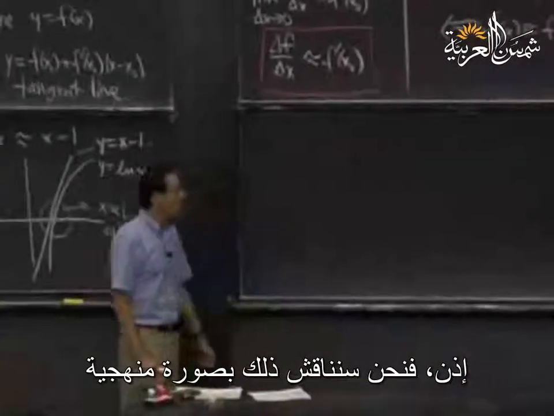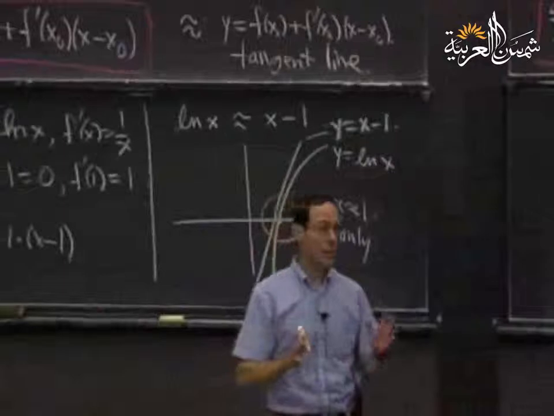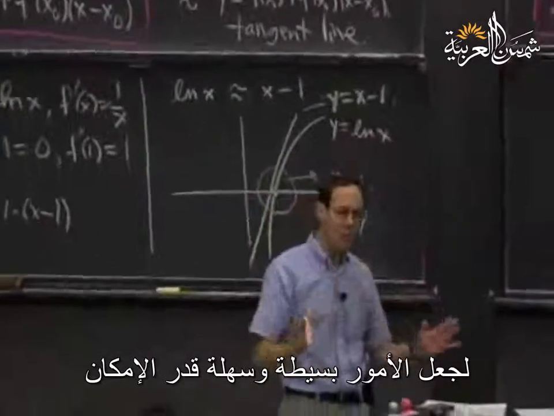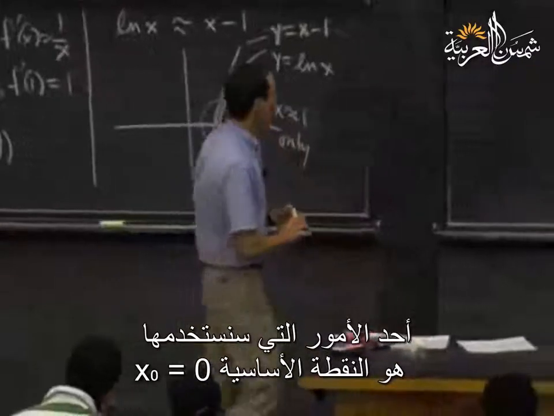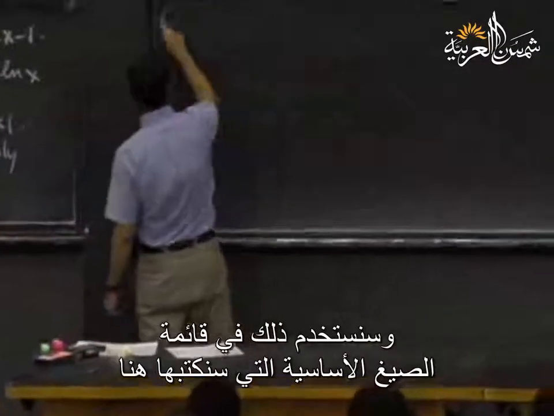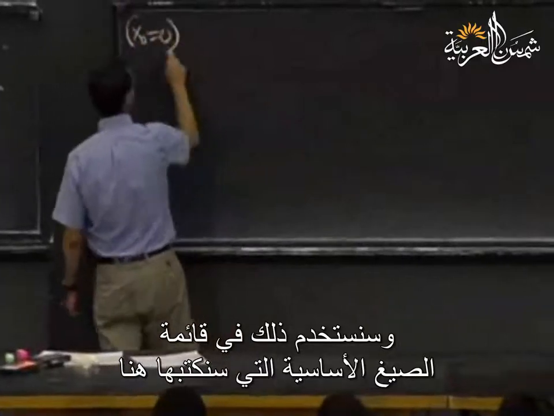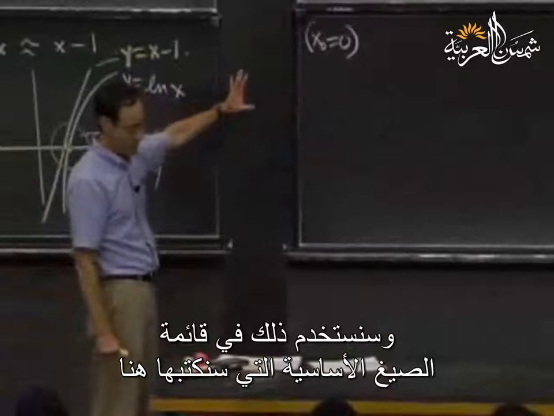So when we carry out these systematic discussions, we want to make things absolutely as simple as possible. And so one of the things that we do is we always use the base point x0. So I'm always going to have x0 equal to 0 in this standard list of formulas.